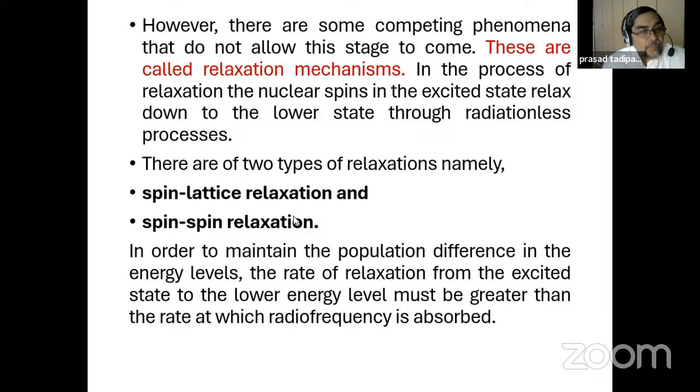So to maintain the population difference in the energy levels, the rate of relaxation from the excited state to a lower energy level must be greater than the rate at which the radio frequency is absorbed.